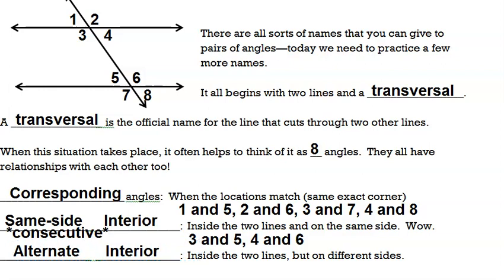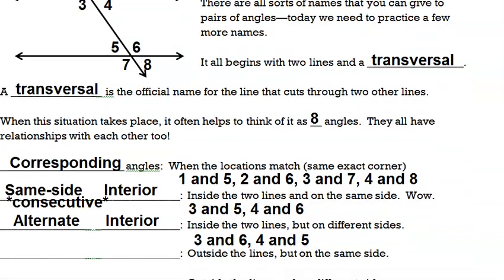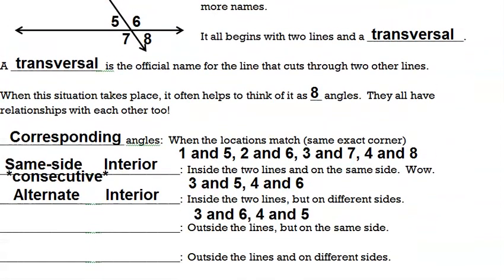So in this case, you still want to be in the interior of the picture, but this time you want to be alternating sides. So now 3 would go with 6, and 4 would go with 5. Okay, so we'll just jot that down super fast here. All right, looks good. 2 more here, and then we wrap it up.